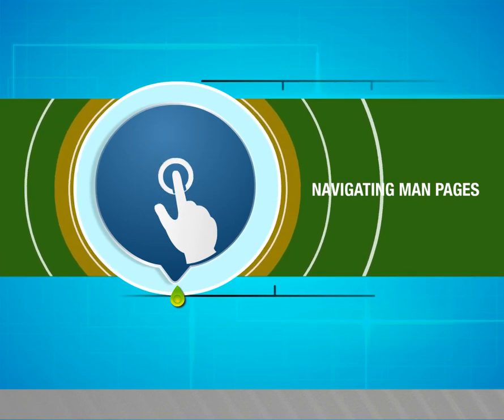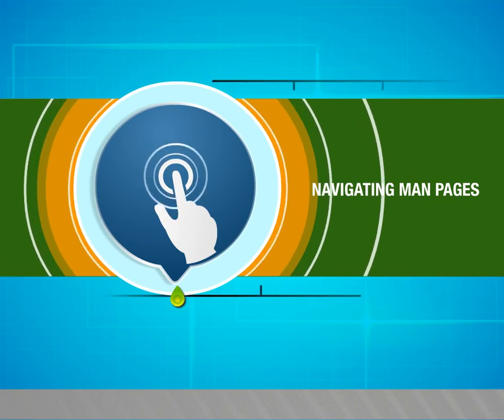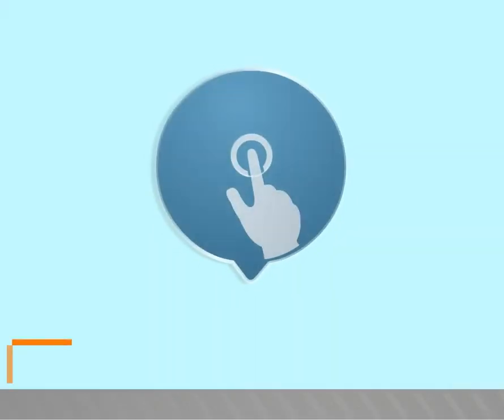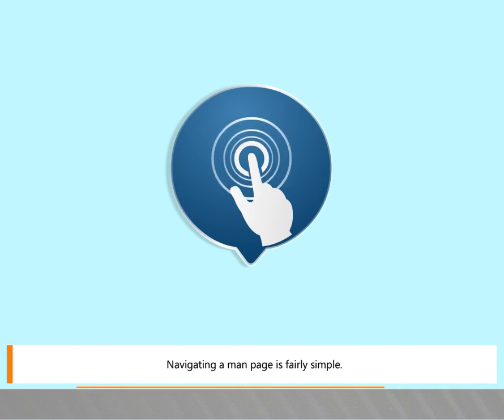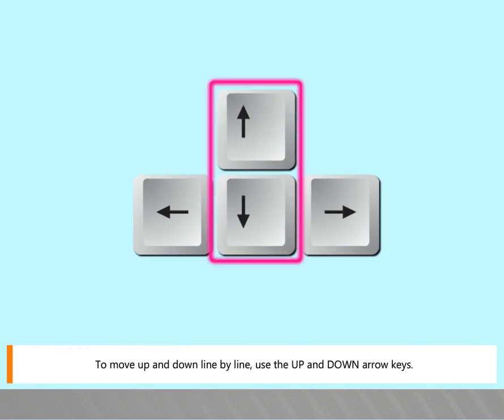Navigating man pages. In this video, we are going to see about navigating man pages. Navigating a man page is fairly simple. To move up and down line by line, use the up and down arrow keys.